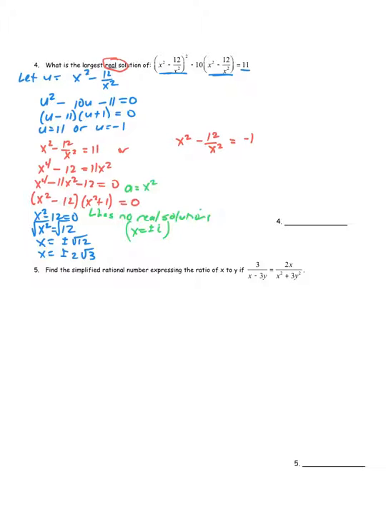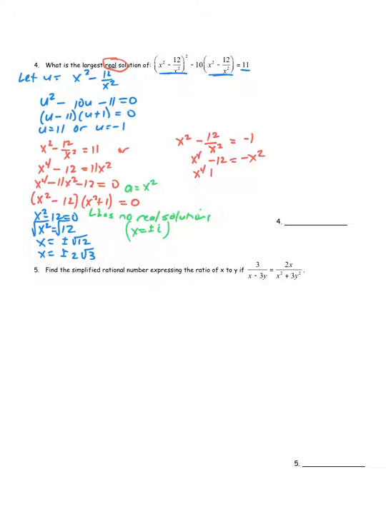Now let's go over and look at our second equation. We'll do a similar approach here. So we've got x squared minus 12 over x squared equals negative 1. Let's multiply everything by x squared. So we're going to have x to the fourth minus 12 equals negative x squared. Bring that negative x squared to the other side.